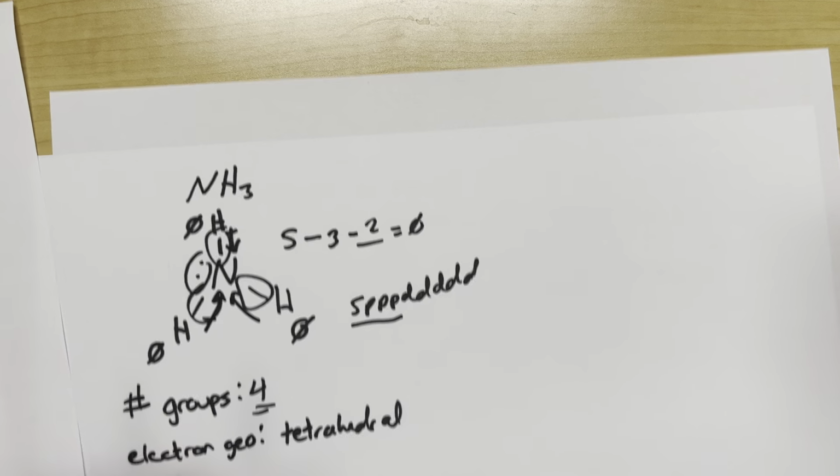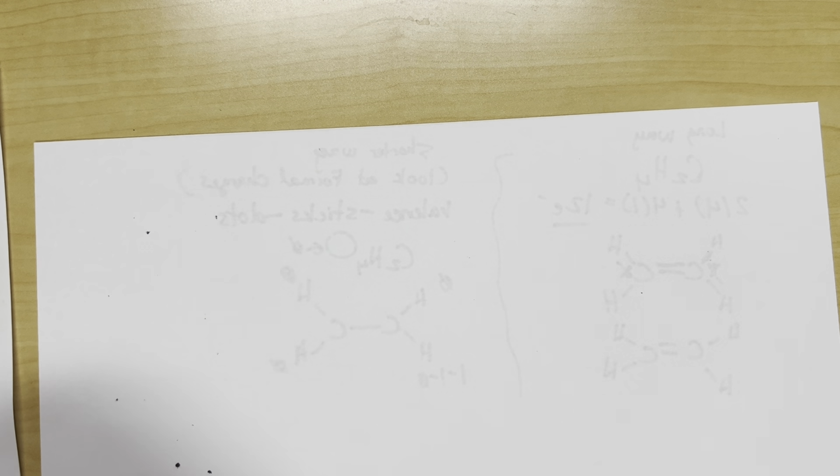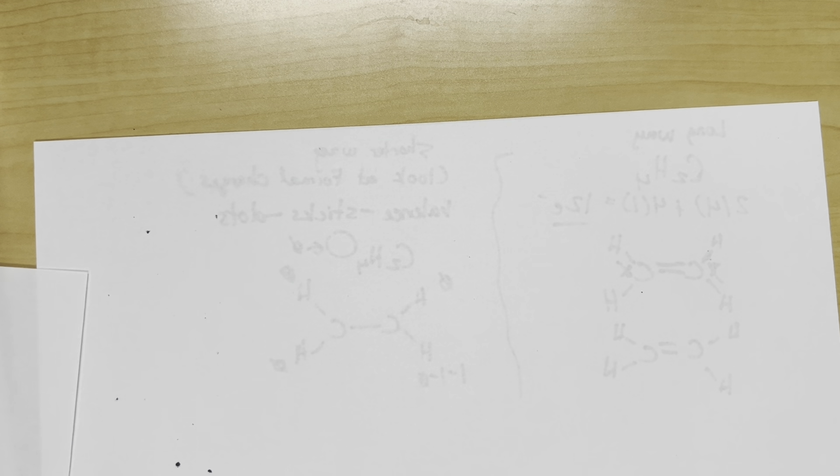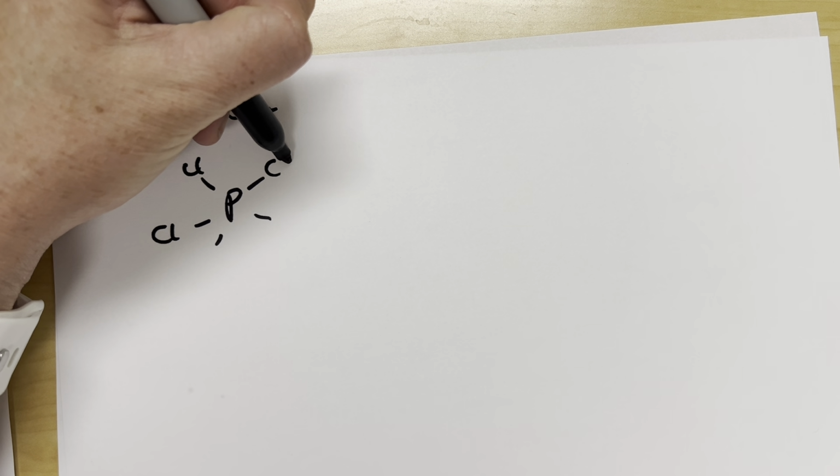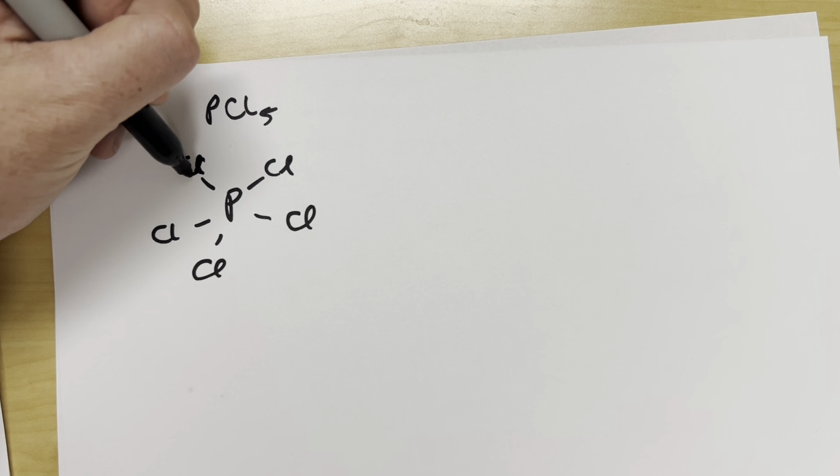All right, moving on to the next one. PCl5. Okay, n equals 3 or below, so PCl5 is going to be fun and straightforward to draw. We draw P, we draw 5 Cls, and we make sure those Cls have octets.